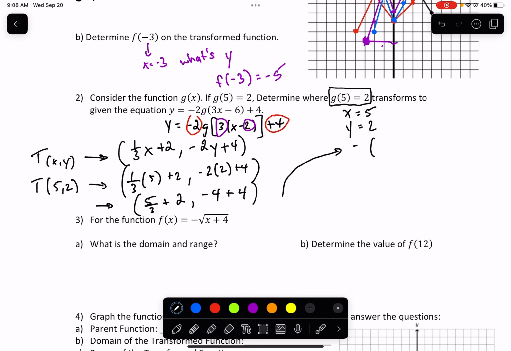So I'll write that line here. I'm going to get 5/3 plus 2/1, which is what we're trying to add together. But I can't do that, so I multiply by 3/3. And we know that the y value is going to be 0 because -4 plus 4 is 0. So the final transformed point, I'll write one more line.